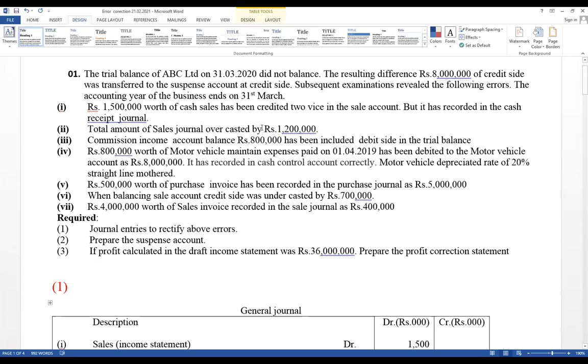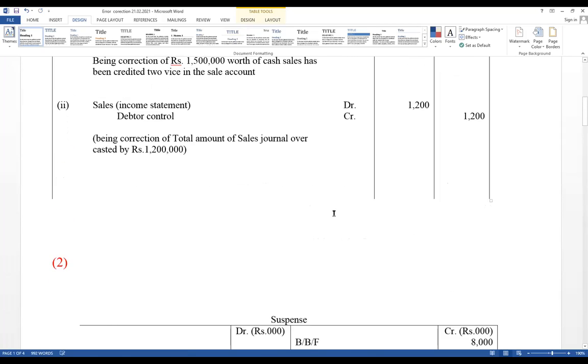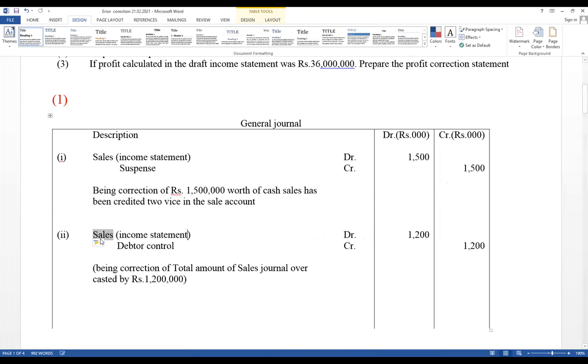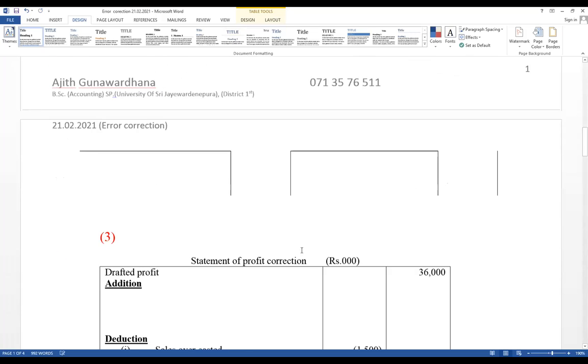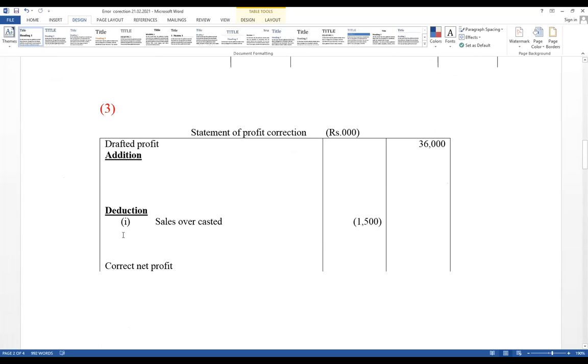Therefore, sales overcasted 1200 should be deduct. Second one, එහෙම නැත්නම් double entry දිහා බලන්න. Income or expense account debit should be deduct. Therefore, 1200 deduct as sales overcasted. Second one also as sales overcasted.